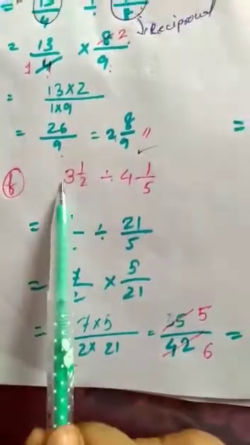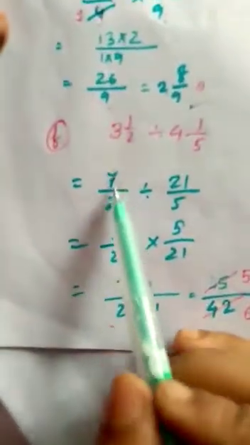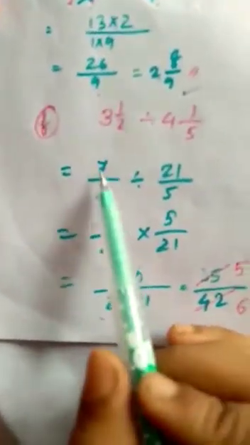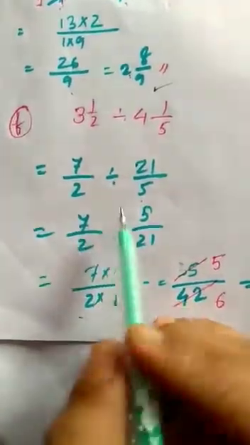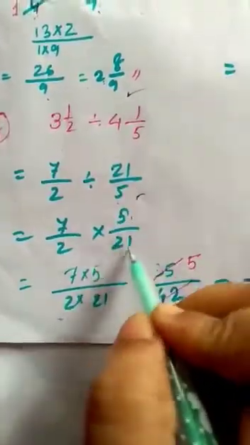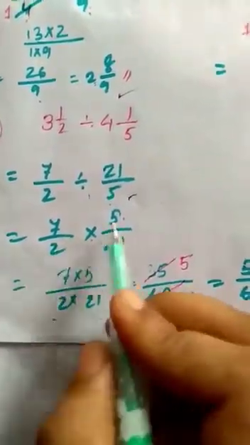Okay children, now let's do the question of F. 3 and 1 by 2 divided by 4 and 1 by 5. Now children, here after converting we have got 7 by 2 divided by 21 by 5, and this one we have changed to 5 by 21, its sign is into, so now we can do 7 into 5.